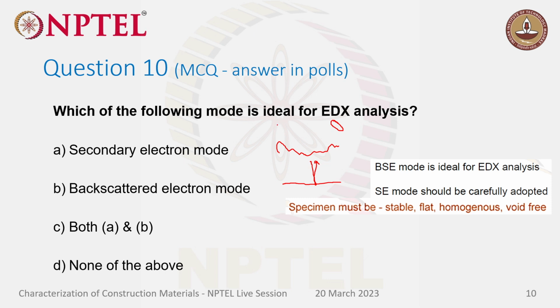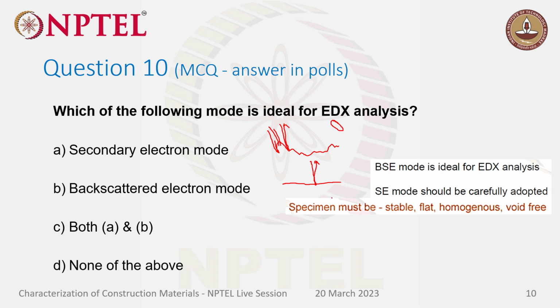If the electron beam comes and hits here, since this is here, in certain cases it might not be able to reach the detector. And here, even if it hits, obviously it can't come back, right? So secondary electron mode is not ideal for EDX analysis since the surface is not flat.